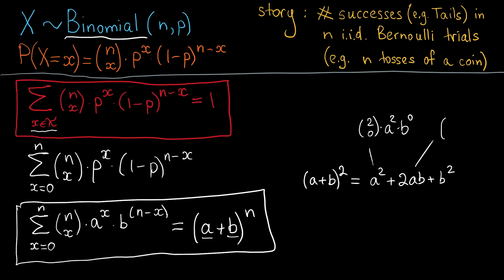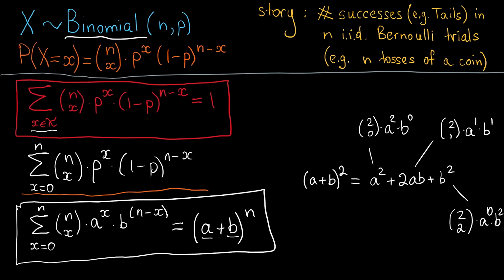The second term is 2 choose 1 times a to the power of 1 and b to the power of 1. And this last one here is 2 choose 2 times a to the power of 0 and b to the power of 2.